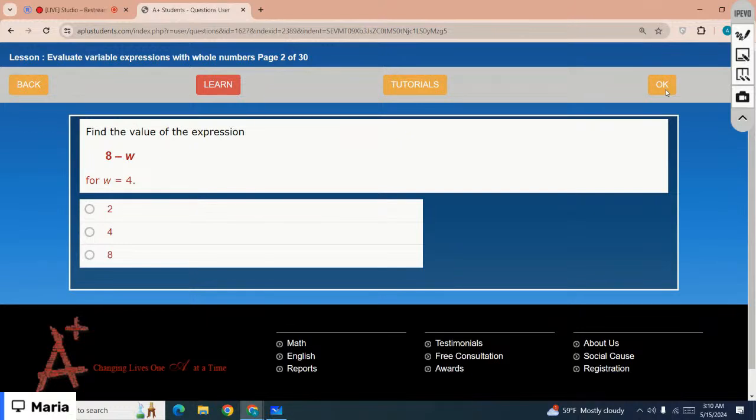So which is the correct option? 8 minus 4. Yes, 4 it is. The correct option is 4.